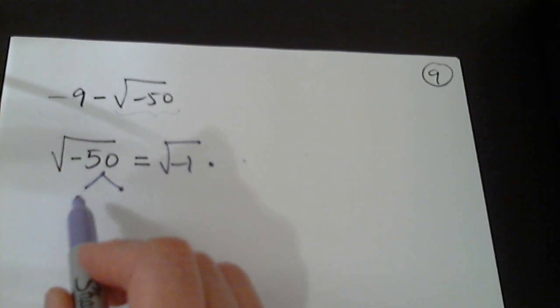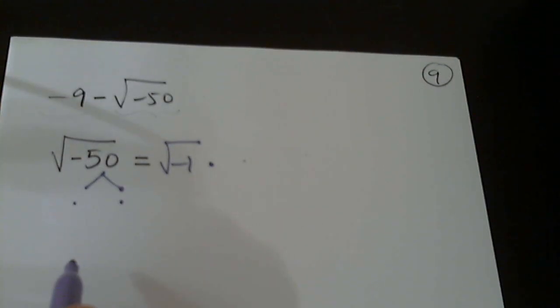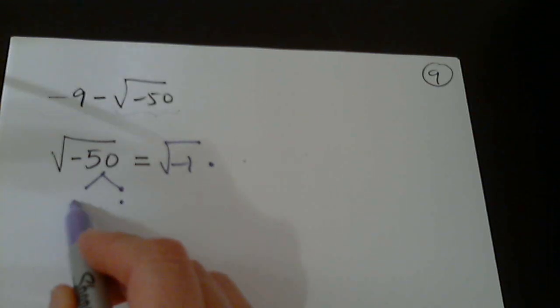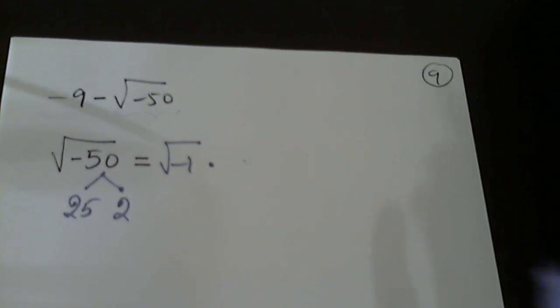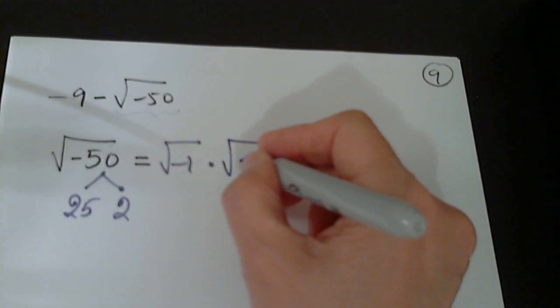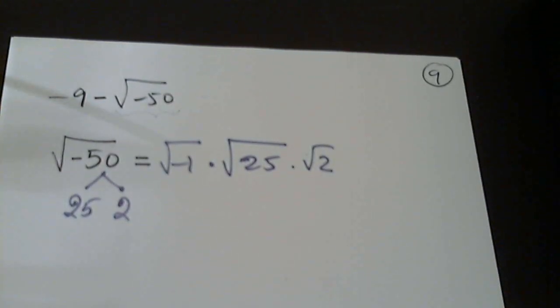Now think in terms of 50. I would think in terms of 50s, this times this. This one is a perfect square, this one is not. 2 and 25. Perfect. So then I have to write the square root of 25 and the square root of 2. Once you understand and you practice, you're going to be experts in this.